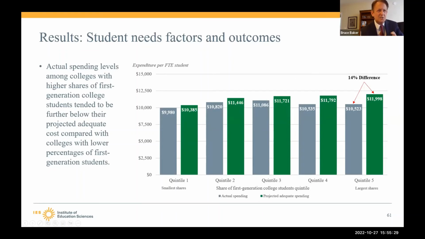There's a 14% gap for the institutions with the largest shares of first-gen students compared to only a 4% gap for the institutions with the smallest shares. These are not huge gaps compared to what we see in a lot of K-12 analyses, but they are there, they are systematic, and they're significant. And they can be corrected with rebalancing, readjusting the formula for needs. So we can move on to the next slide.